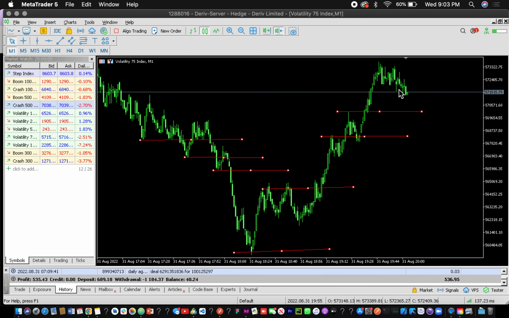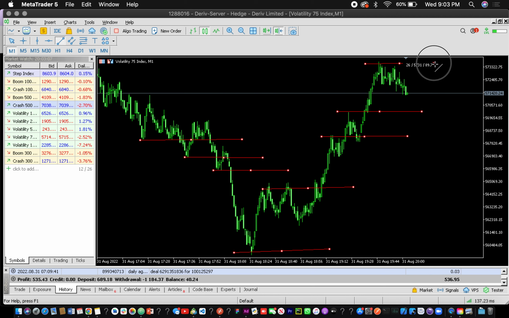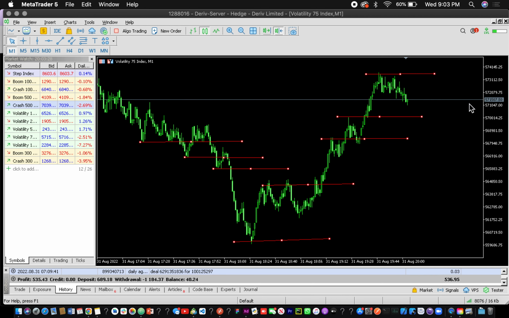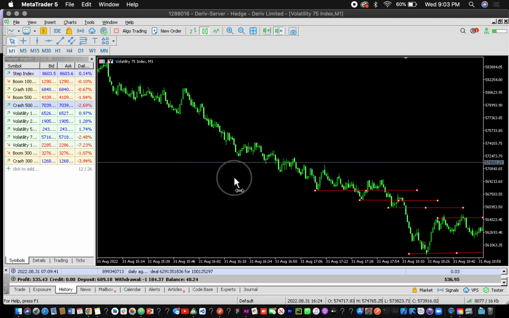So this is a good place now to wait for the market to come back to this point. So I've plotted a line and the market is definitely going to come back or continue its direction for a downtrend. So it's like changing the direction of the trend. But when the market comes back to this point, it's a good place to take my up trade, right? So this is how the strategy is.